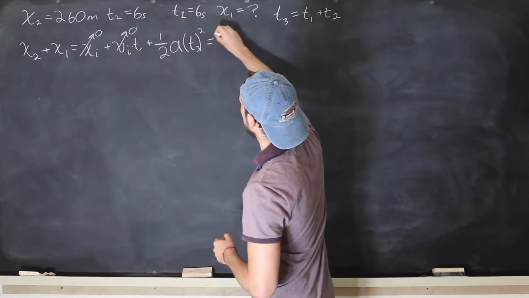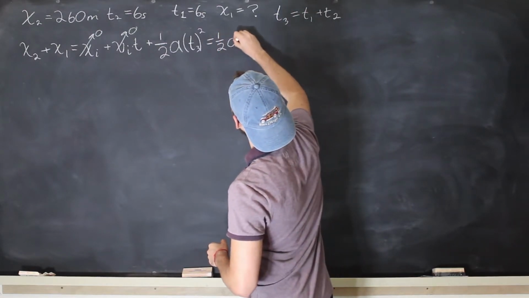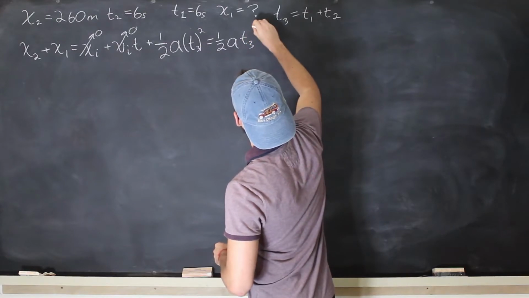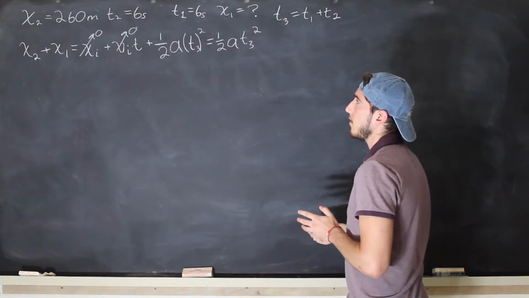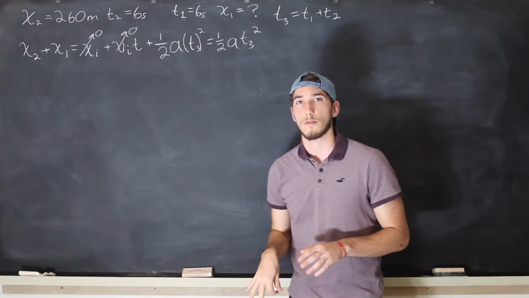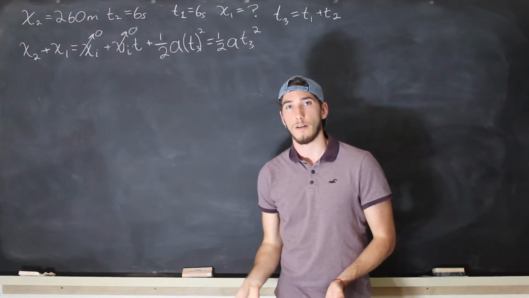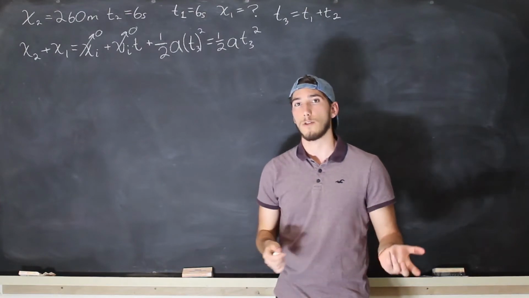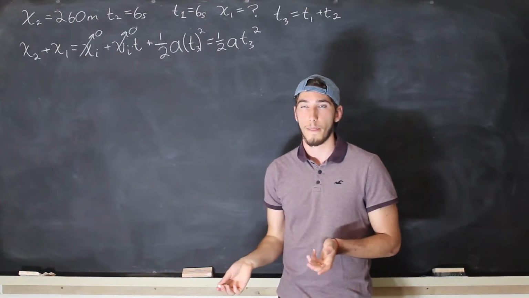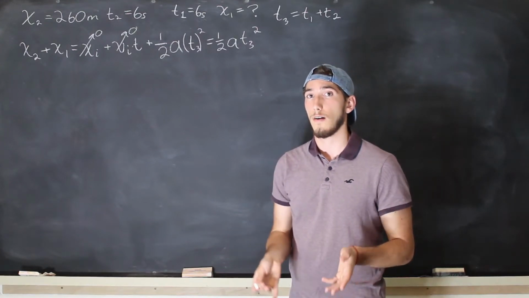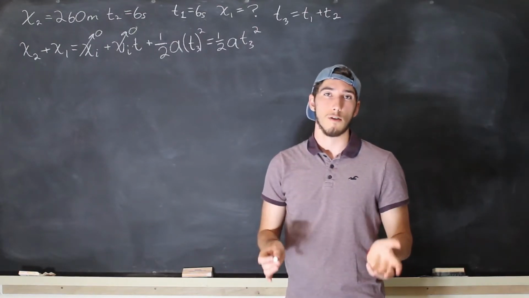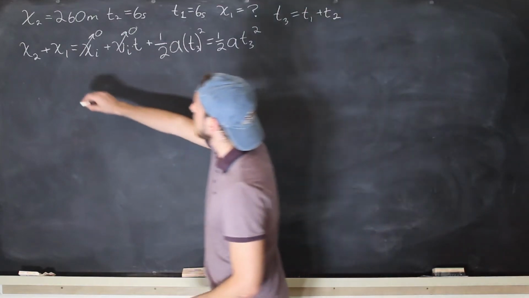Okay, and that's going to equal 1/2 a time 3 squared. So now we have a formula where we have two unknowns. And if we only have one formula, then we can't solve for two unknowns. We have to get another formula. Well, we might not be able to solve for the magnitude of x1, but we can certainly solve x1 symbolically.